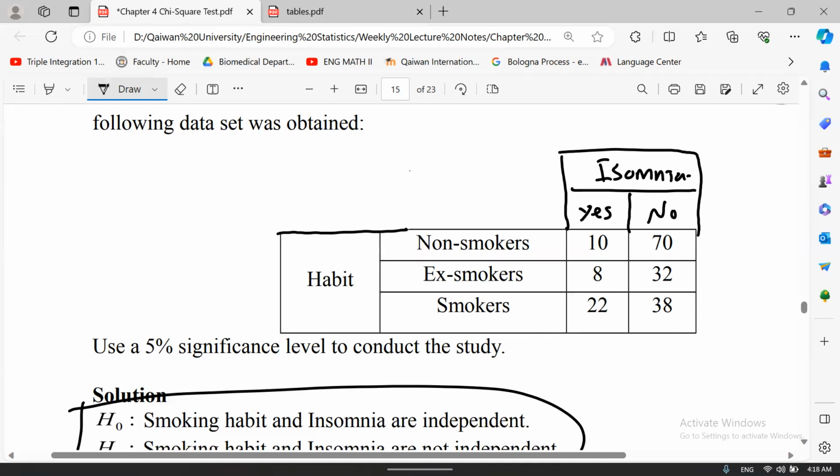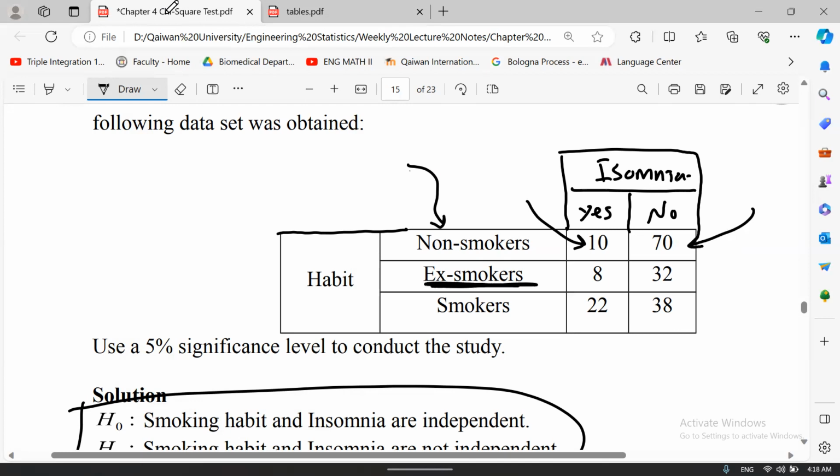Now, among the non-smokers, among 18 non-smokers, 10 of them have insomnia, and 8 of them have no. Okay?